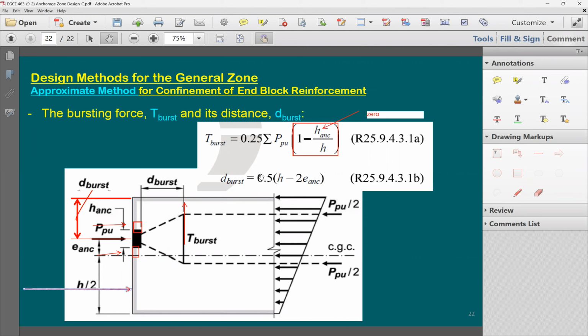This usually happens at the site. You should expect that you're going to have some issues here with the anchor. While the one that you do in the fabrication yard in the factory, you're not going to have lots of reinforcing for the end block. End block is not a big deal. It's not very critical. But when you do post-tension, the end block is going to be very critical. This is the conclusion.